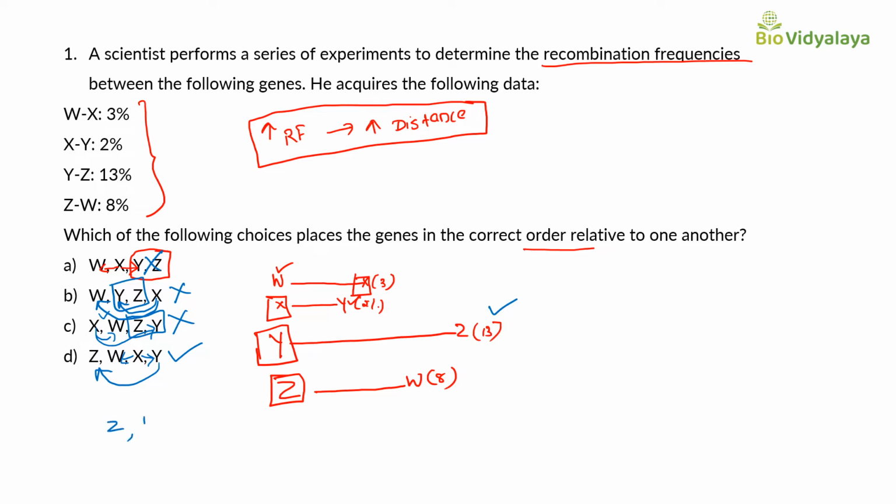Z, W, X, Y. We can represent the distance as Z to W, then W to X, then X to Y. Okay. So this is the correct order. Option D is the correct answer.